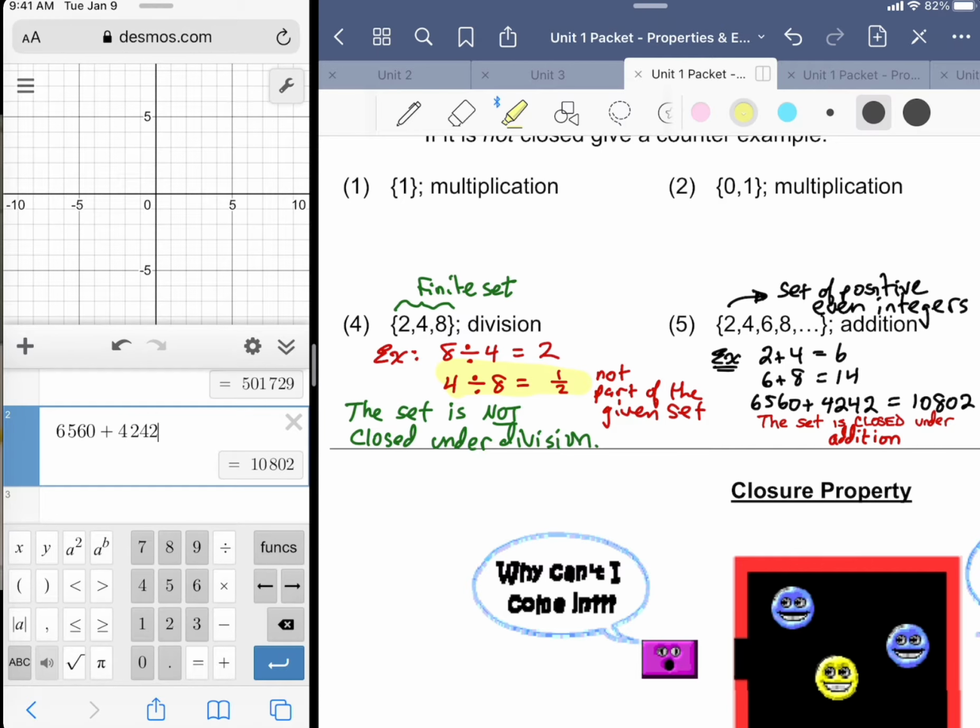That counterexample is the one case, it could be more than one, but one case where the rule doesn't apply. So I wanted closure, that's my rule. This is the one case where I don't get closure. All you need is one. Then the whole process fails.